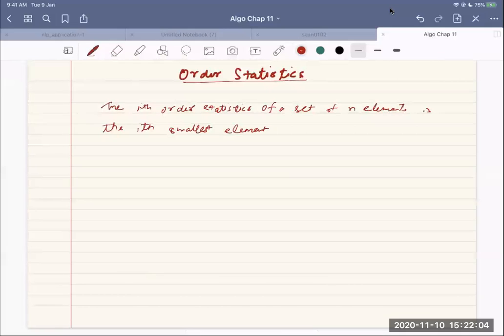The setting is that you are given n elements, and you may be asked something like, find the fifth order statistic, let's say. That means the fifth smallest element.